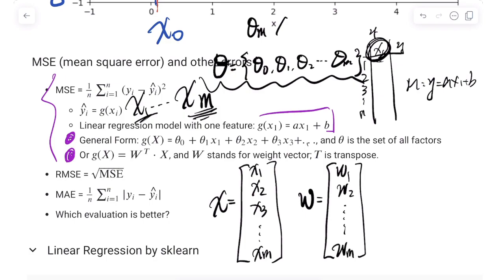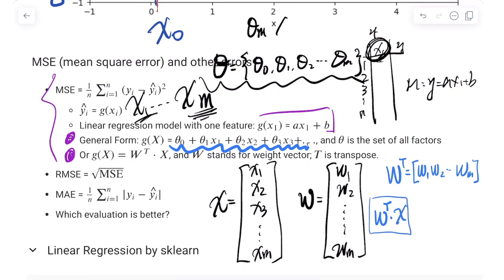To create this form, we simply transpose the weight, so it becomes a row vector like this. Weight transpose times, we say product, x. This would be w1x1 plus w2x2 plus up to wmxm.